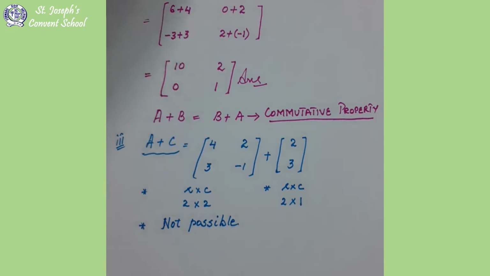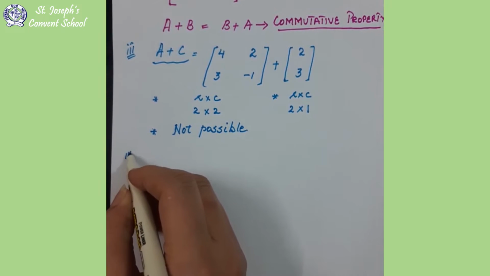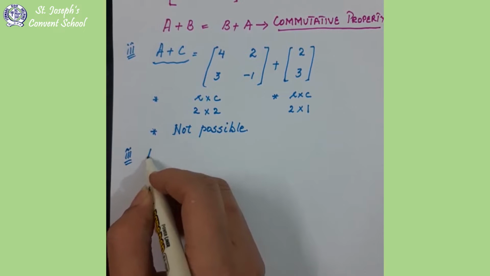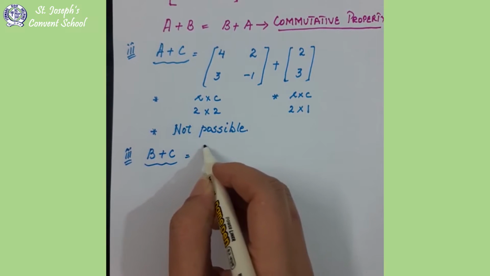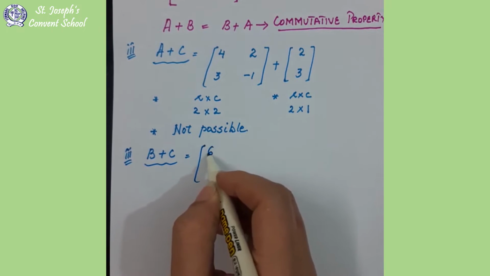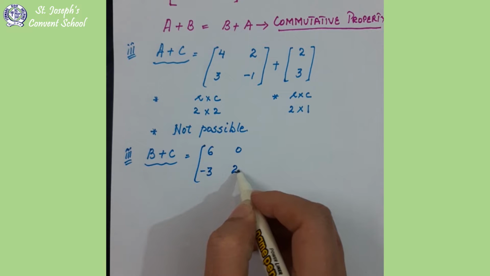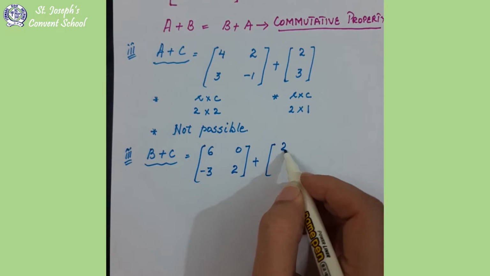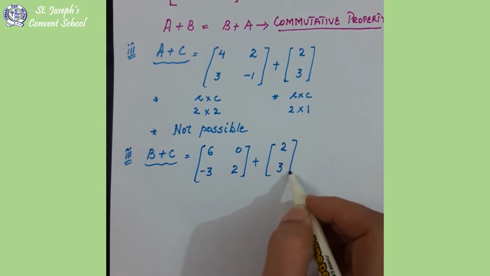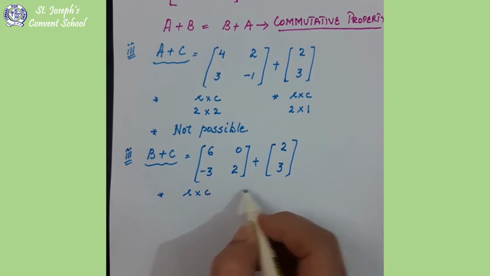Same way you can do the other part, B plus C. Matrix B is 6, 0, minus 3 and 2, plus matrix C is 2, 3. Again order you'll check, row into column.